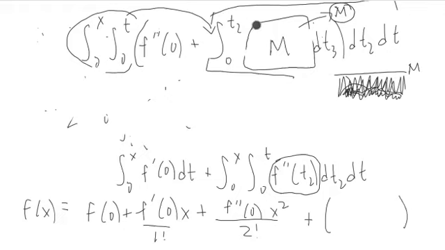what we end up getting is first we evaluate this dt3 with a constant. And that's simply going to be Mt2. Thinking of a constant and you have a t3 and you evaluate from 0 to t2, throw in the t2, it's going to be something like this. Now with the next integration, we're going to integrate, take an antiderivative, and throw in the bounds.